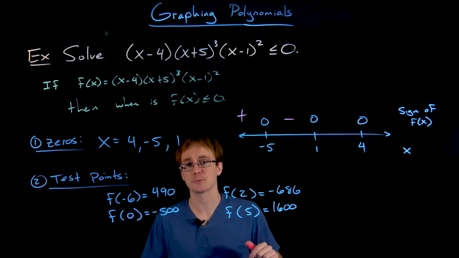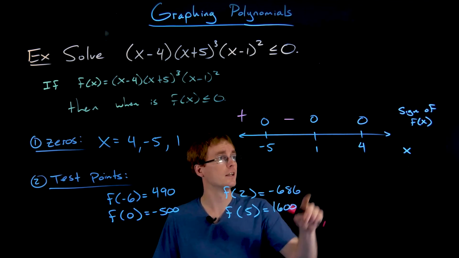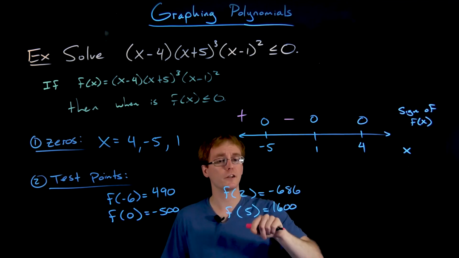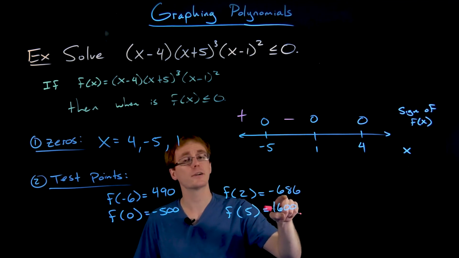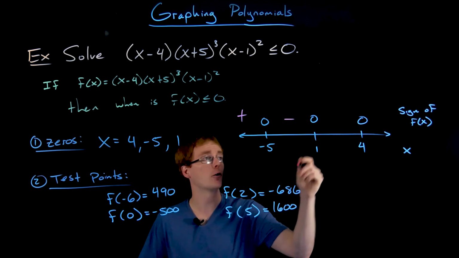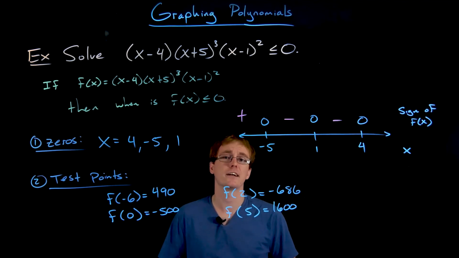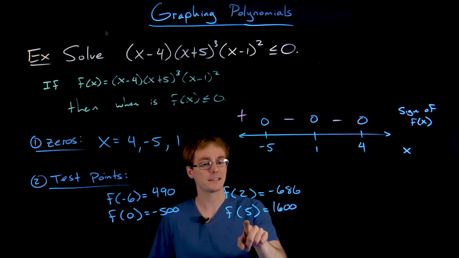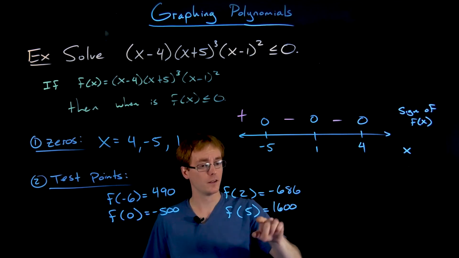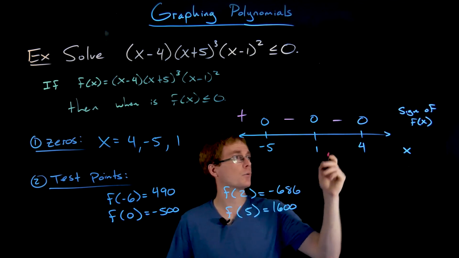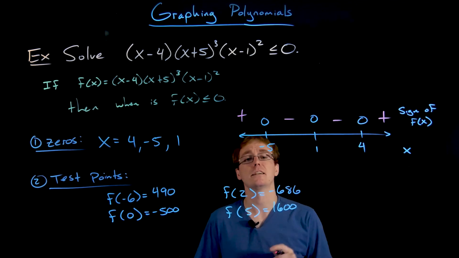Our sign chart test points should verify this for us. We use our test point between 1 and 4, x equals 2. Plugging that into our function gave us a negative output of 686, but for creating the sign chart, we just care that it is negative. Our last output from our last test point was at x equals 5, and that output was positive 1600.